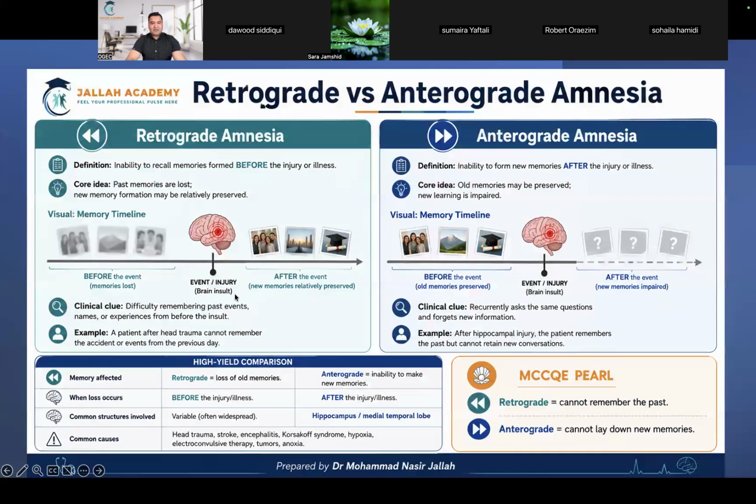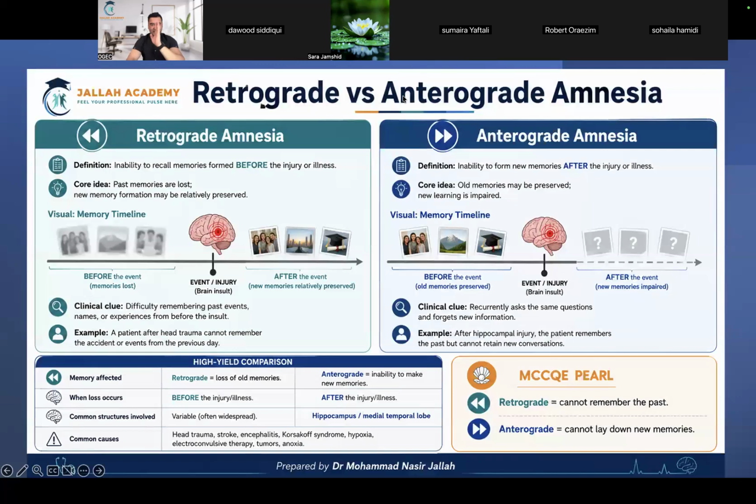But anyway, so retrograde versus anterograde. So retrograde is, let's say, if this is you, before the event, memory is going to be lost. For retro, the way I remember it, remote. Remote is far away, right? Retrograde, far away memories, like in the past.